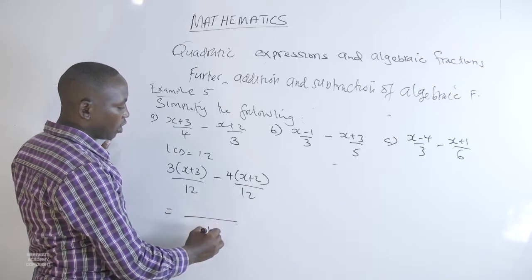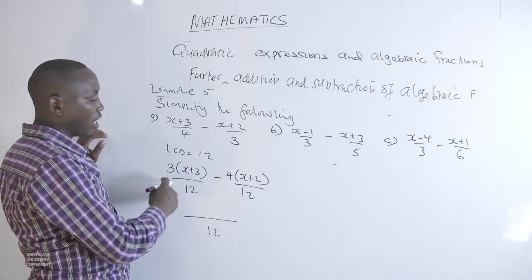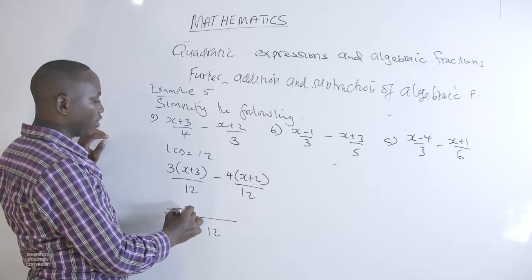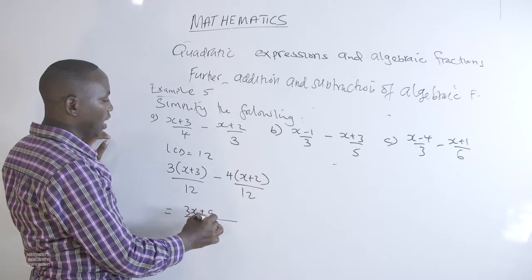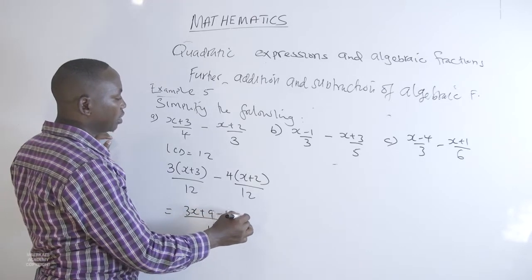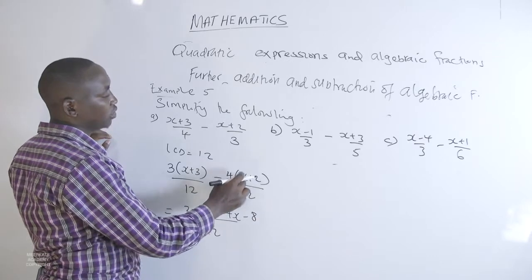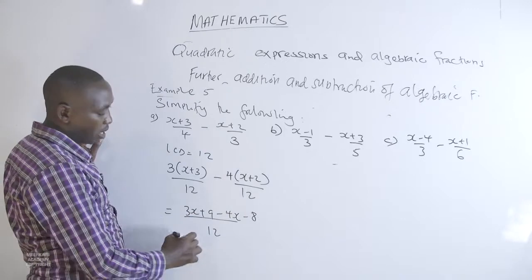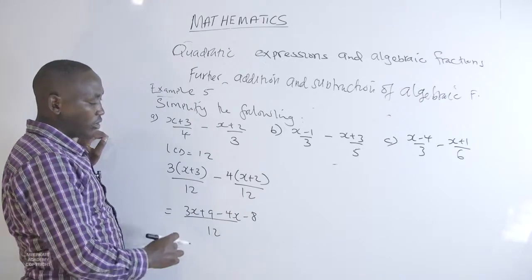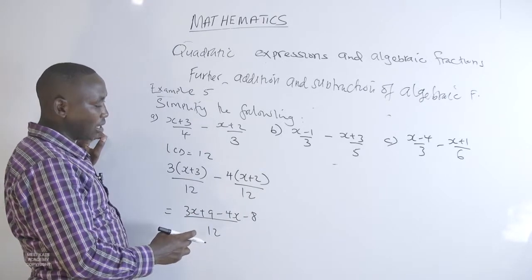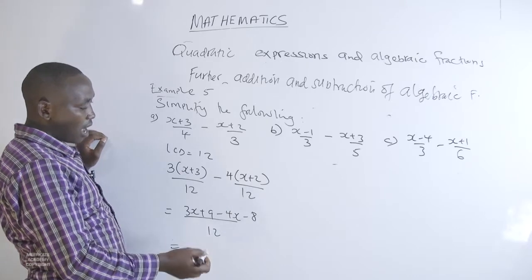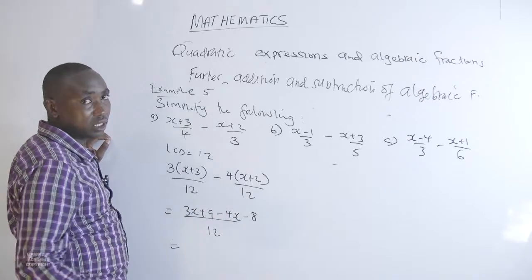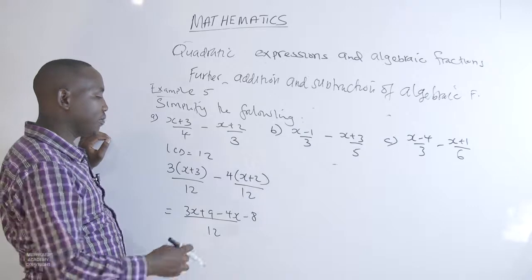So when you rewrite using our new denominator and expand, you're going to have 3x plus 9 minus 4x minus 8. Minus and positive, minus and positive, all of them are going to be negative. 3x minus 4x is minus 1x.